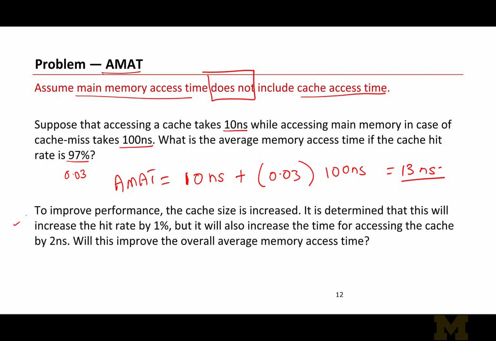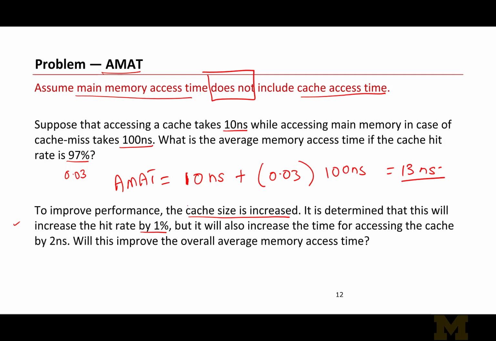So it changes the cache architecture a little bit. To try and improve the performance, I'm going to try and increase the cache size. This seems like a reasonable idea. More cache size means that my hit rate would be higher. So instead of 97%, now it's 98%.